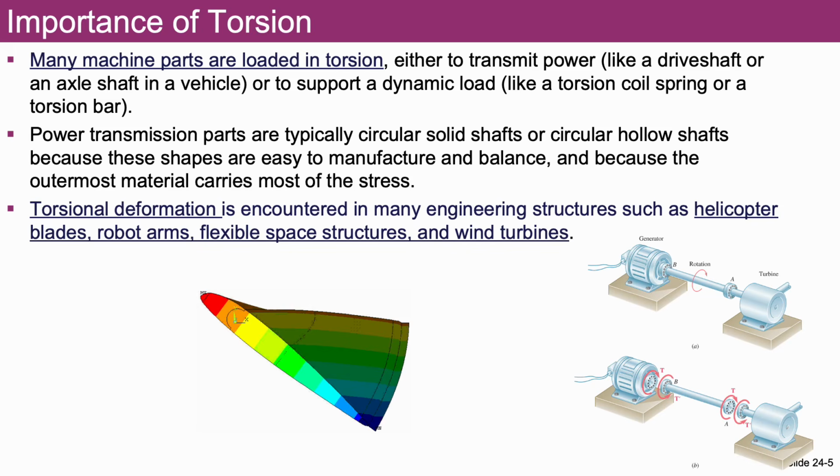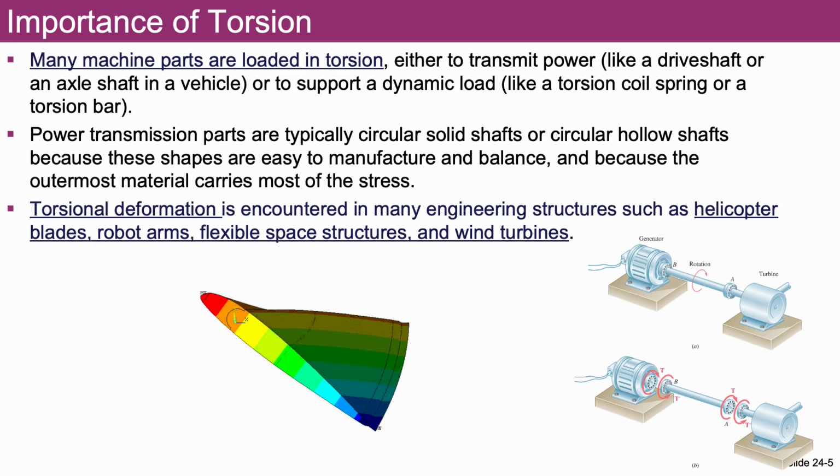And in engineering, again, power transmission parts are typically circular solid shafts or circular hollow shafts, because these shapes are easy to manufacture and balance, and the outermost material carries most of the stress.